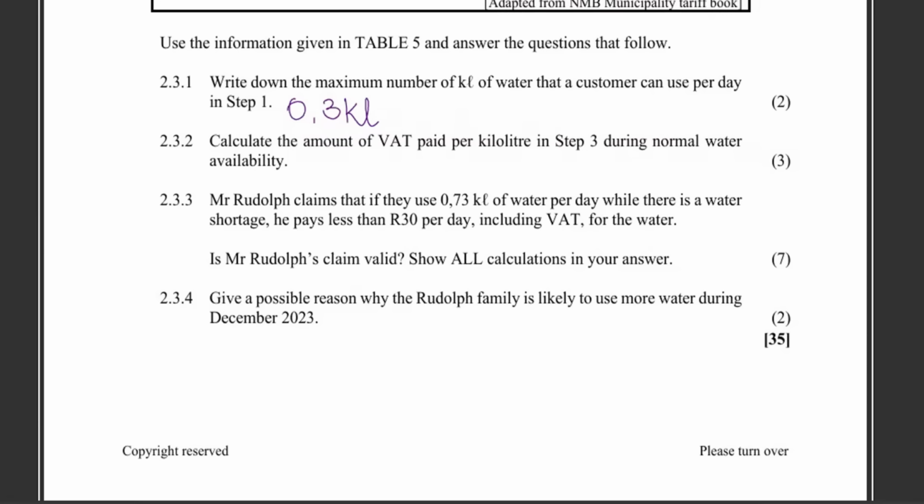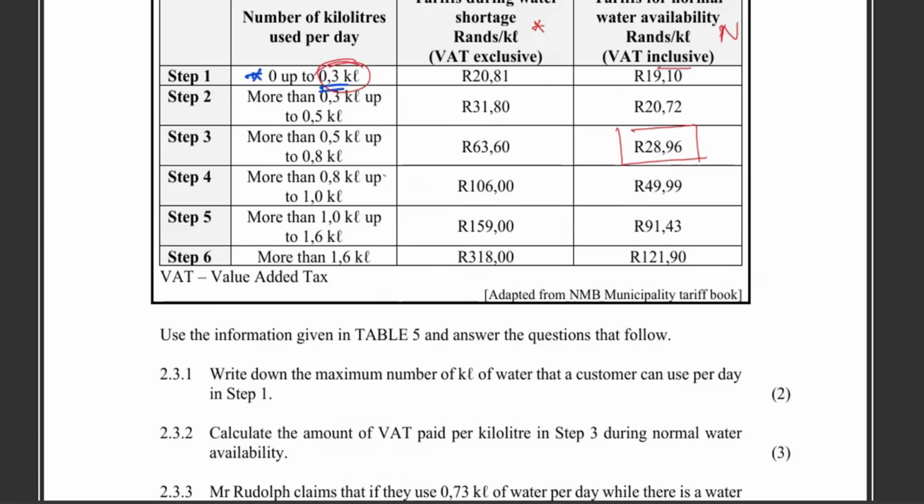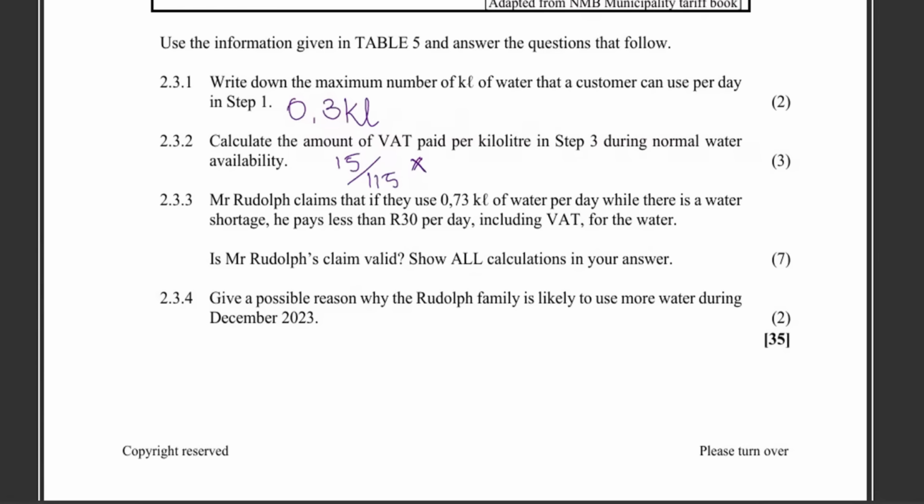So the moment you hear amount of VAT paid and the price already includes VAT, we shall always start with this formula, this times that money, which is 28 rands 96 cents.